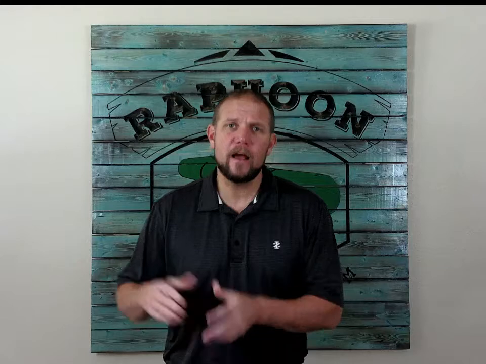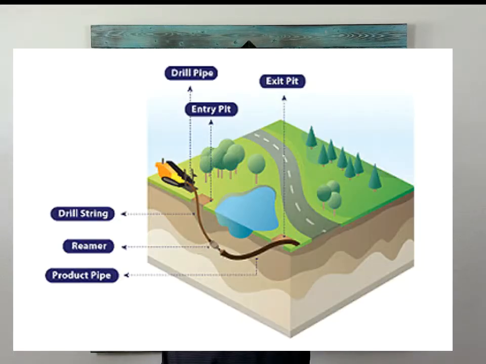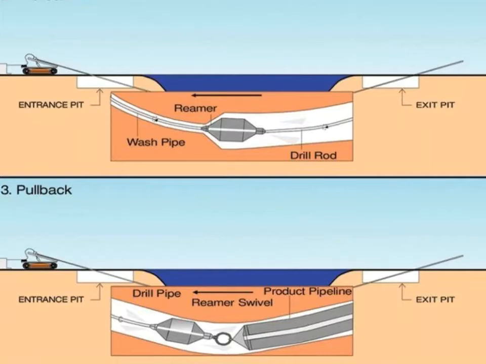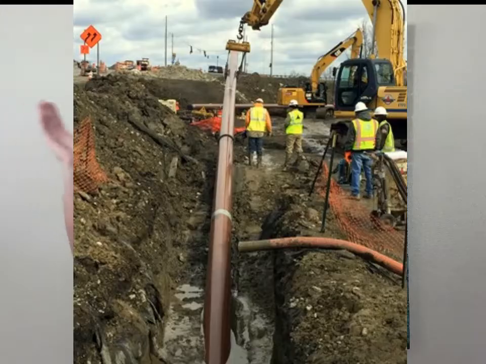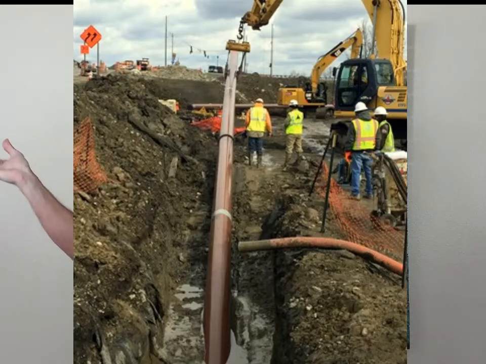HDD, however, is employed by creating a hole on one side of an area that you want to install pipe in, boring underneath the area you want to span across, coming out the other side, reaming a hole sufficient in size to get the pipe through, stringing up your pipe on one side, and then dragging it through that hole, literally dragging it through the hole. So that's what HDD is.